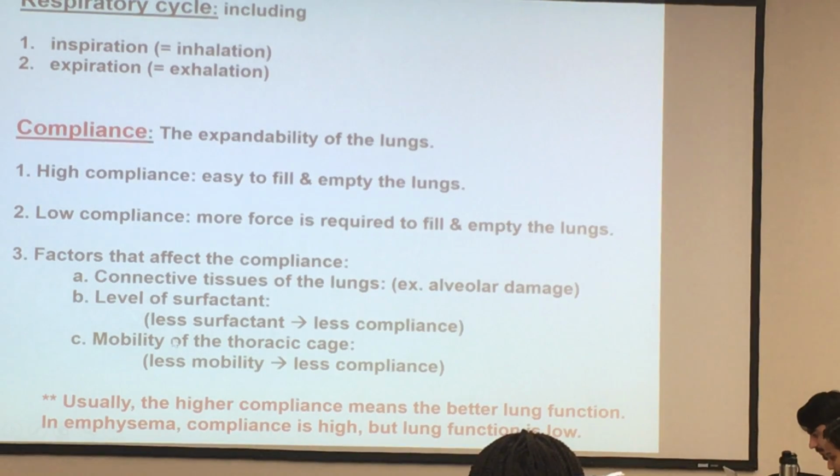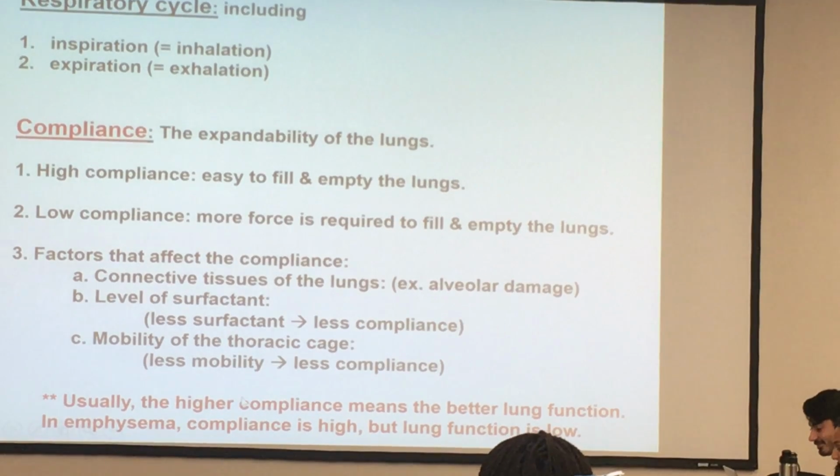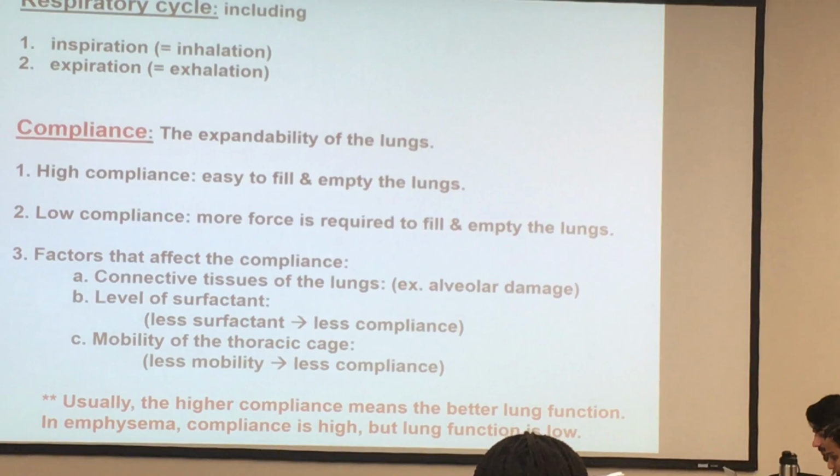Mobility of the thoracic cavity, I mean the muscle and the rib, okay. If they are easy to move and the muscle is all healthy, that means increased compliance. But there is one exception. Usually higher compliance means better lung function. But in emphysema, people who smoked have damage to the lung.